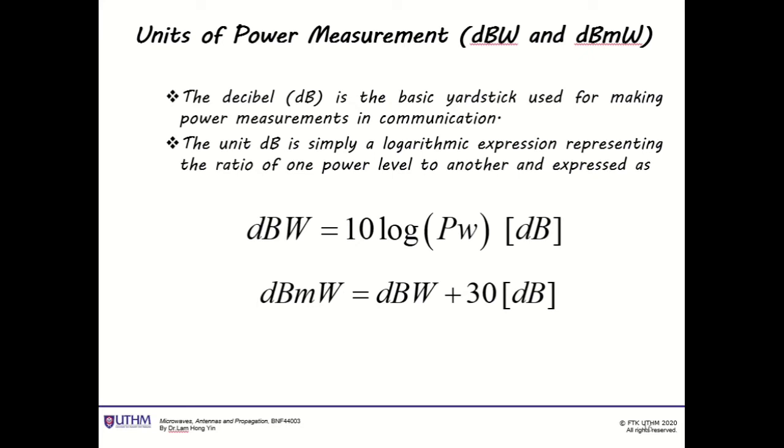Antennas, oscillators, filters, and RF and microwave devices use this unit for power measurement. You need to remember this equation: dBW is equal to 10 log of power in watts, or for dBm you add 30 to this value. So it's simple.